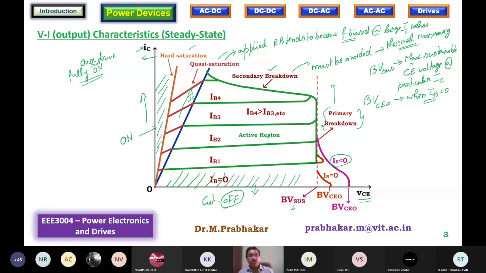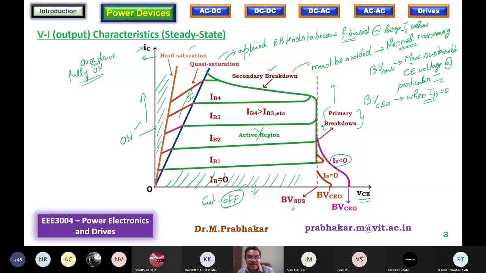This is off. Now, which are the two regions in which the BJT must be operated? Either on or off. It can be in hard saturation or it can be in cutoff. The active region should not be there, for reasons we discussed in the second session. In the active region, you will have a finite value of VCE and a finite value of IC, the product of which will be finite.